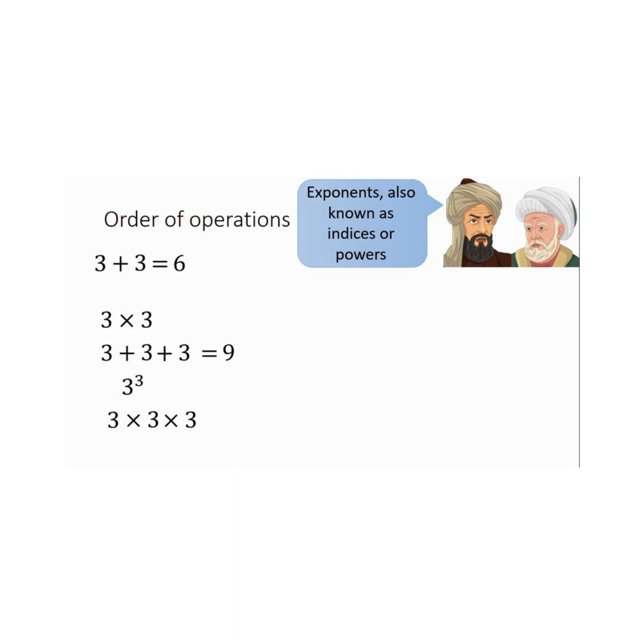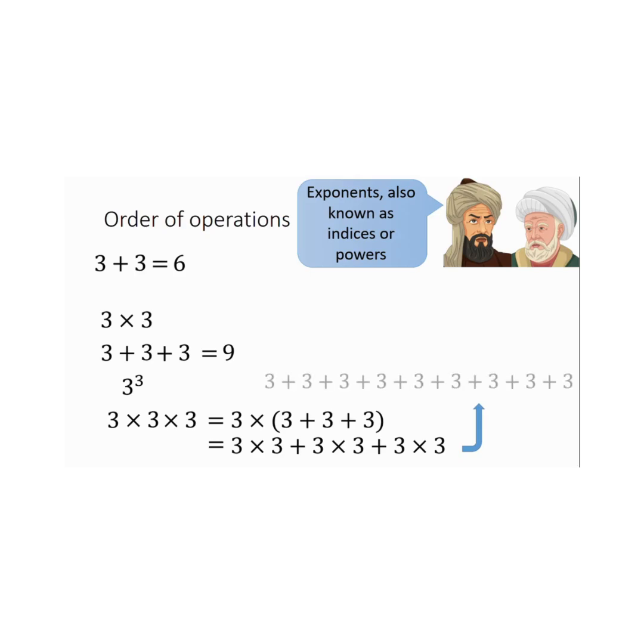So this is the same thing as 3 times 3 plus 3 plus 3. And if we times each of those 3's by a 3, that becomes 3 times 3 plus 3 times 3 plus 3 times 3. And remember, 3 times 3 was really 3 3's added together. So this becomes 3 plus 3 plus 3 plus 3 plus 3 plus 3 plus 3 plus 3 plus 3. 9 3's added together, which is equal to 27.